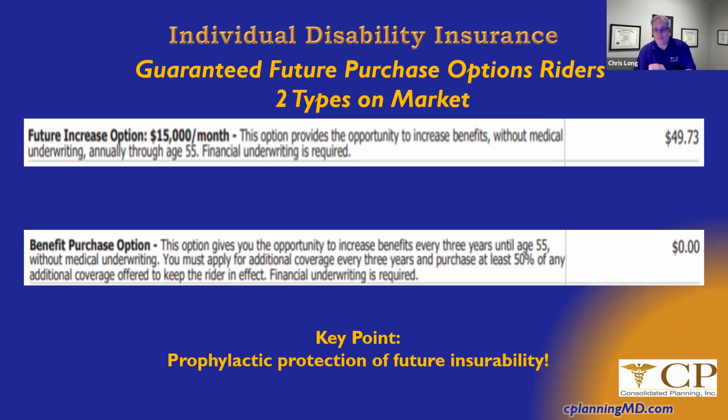And if we can get through the medical underwriting process, and let's say they're not putting any exclusions on your contract, then we can prophylactically protect future access to coverage as an attending and beyond without ever having to answer a medical question again.